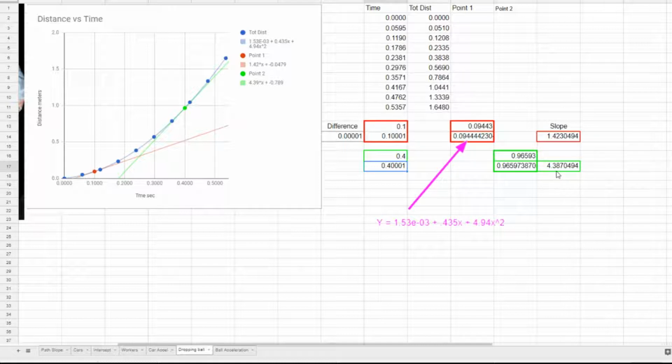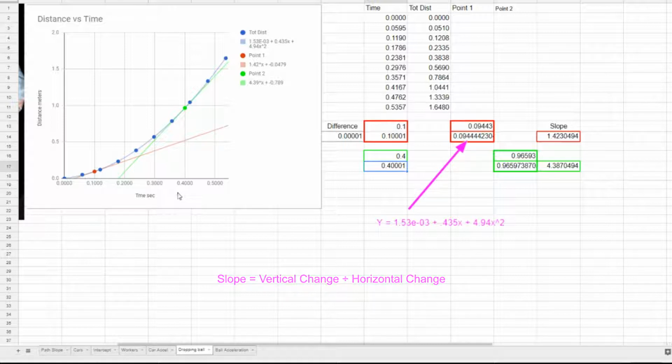So what does this mean? Remember, slope is the vertical change divided by the horizontal change. Here, the vertical change is in meters. The horizontal change is in seconds.